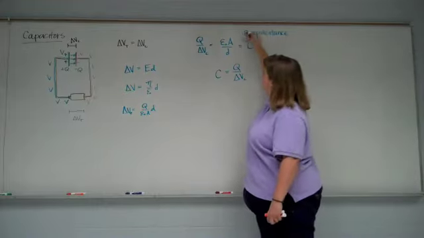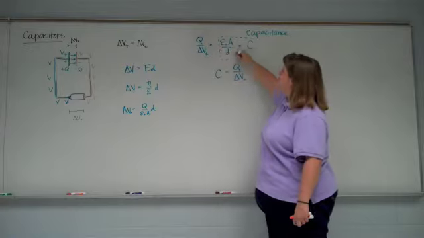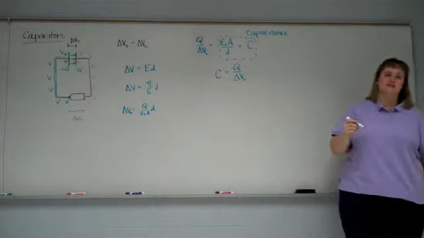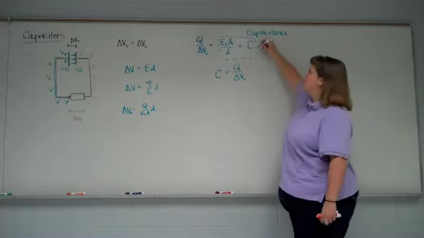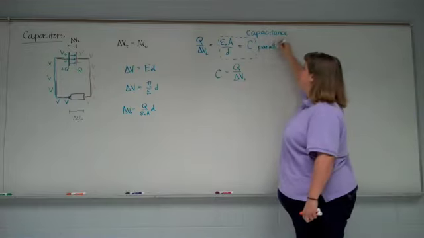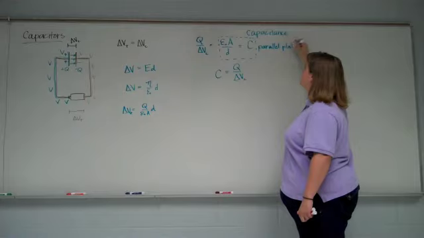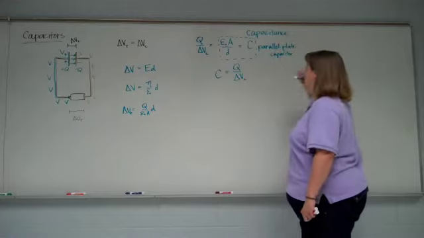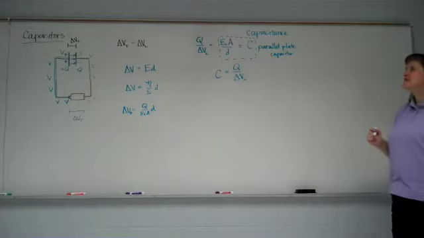This equation up here, the epsilon naught A over D, allows us to find the capacitance for a parallel plate capacitor. That's assuming there's air between the plates.